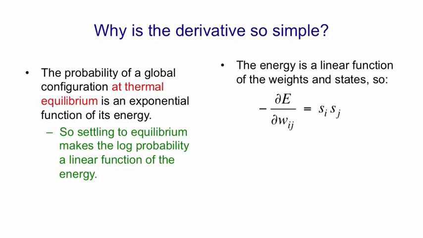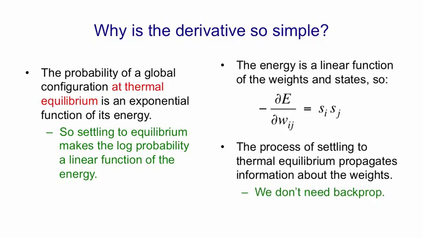In fact, the relationship is very simple. The derivative of the energy with respect to a particular weight, wij, is just the product of the two activities that that weight connects. So what's happening here is the process of settling to thermal equilibrium is propagating information about weights. We don't need an explicit backpropagation stage.